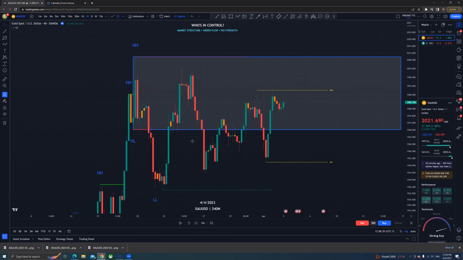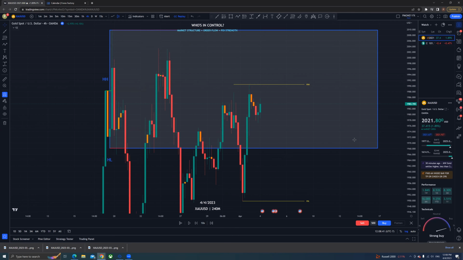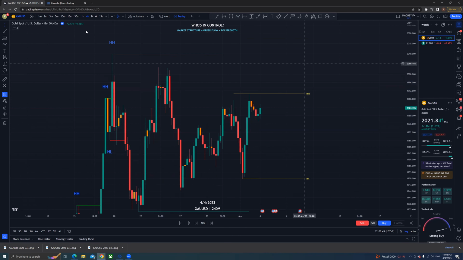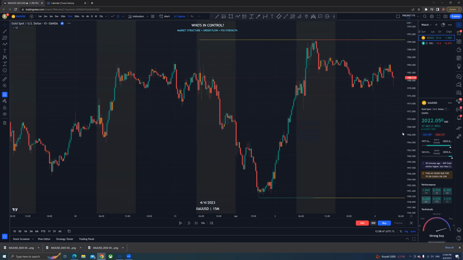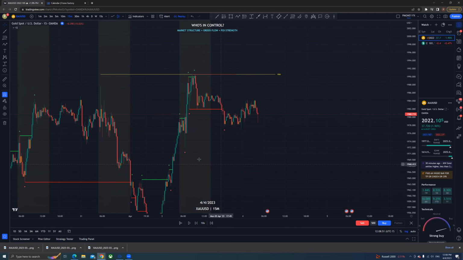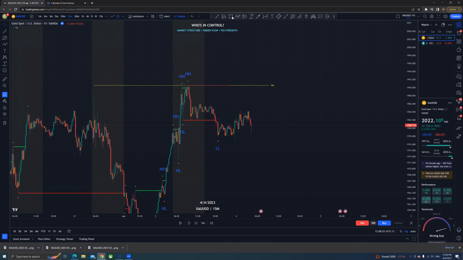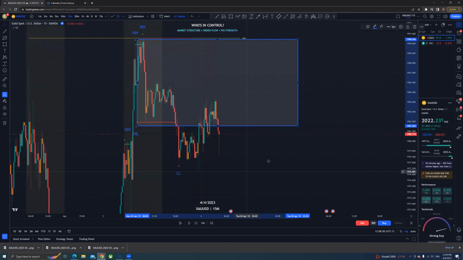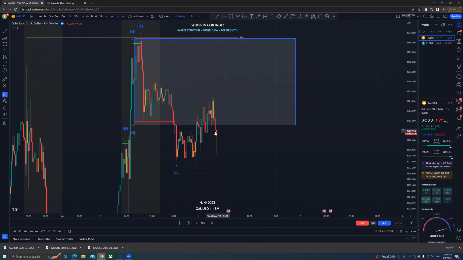So I'll delete this for now. We're in the 4 hour supply zone. So bam, I come here. I see a 15-minute supply zone. So I'm up at 4:15.